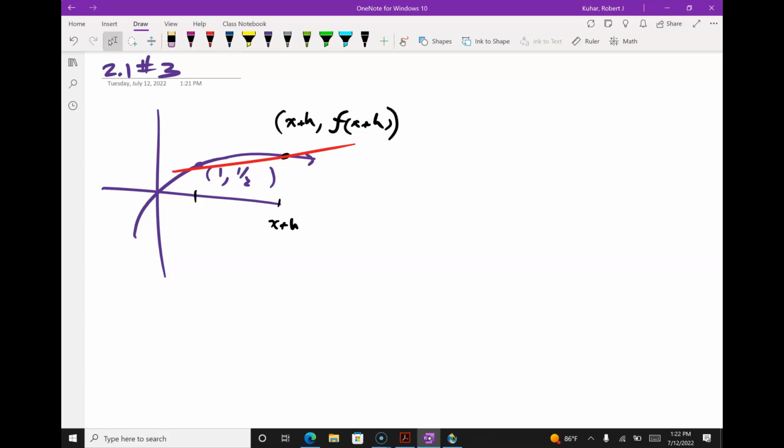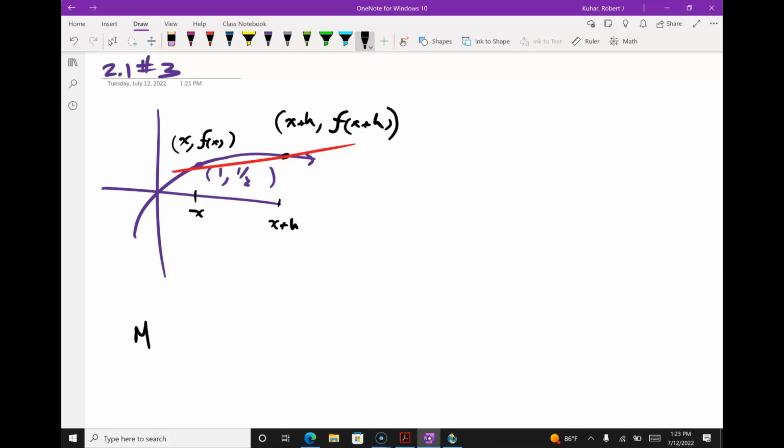The first x value is 1. The second x value is x plus h, 1 plus h really. Maybe I don't want x plus h. No, that's fine. Sorry if I'm confusing you a little bit, but you'll be fine in a minute.